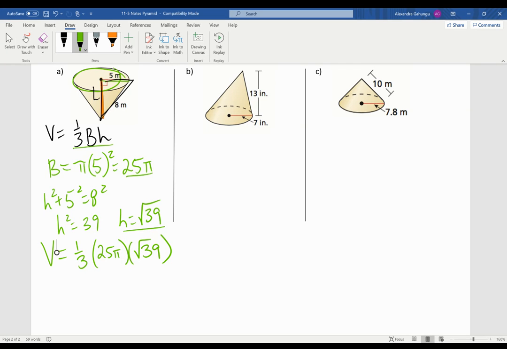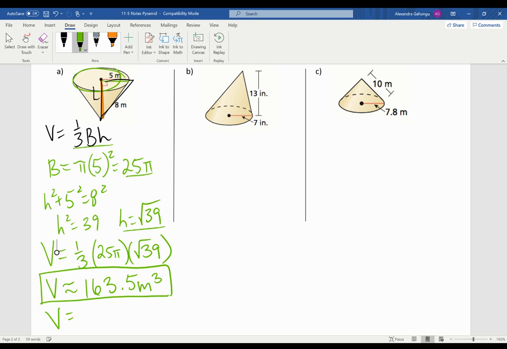So I'd go 25 pi times rad 39 and then take 1/3 of that. So it's about 163.5 meters cubed. So unless it says leave it in terms of pi, I'd write it like this.